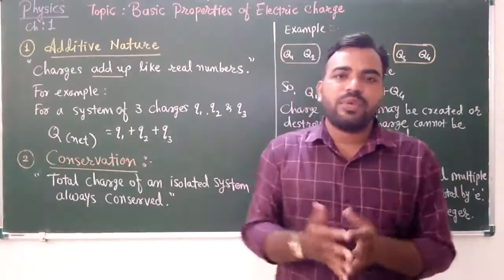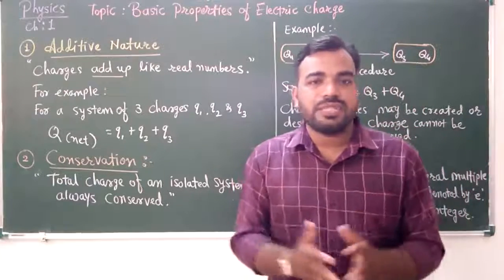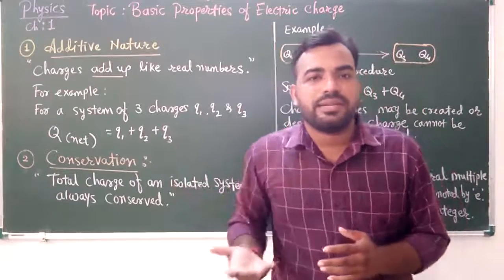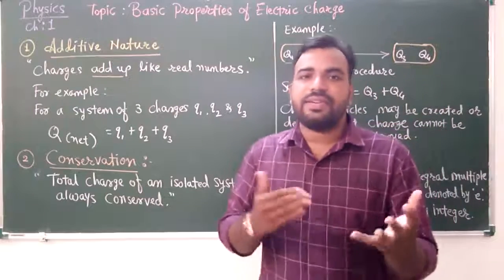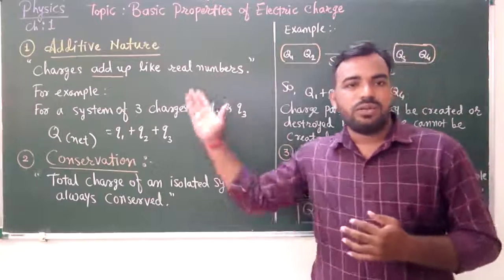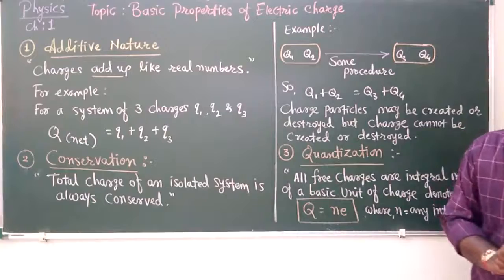If we have n number of charges in a system, then the net charge will be Q1 plus Q2 plus Q3 plus up to Qn. So as we add real numbers, we can also add the charges. This is the first property of charge, that is additive nature.